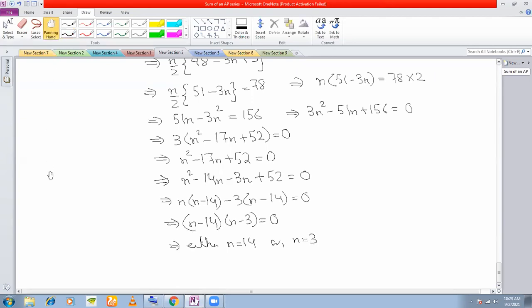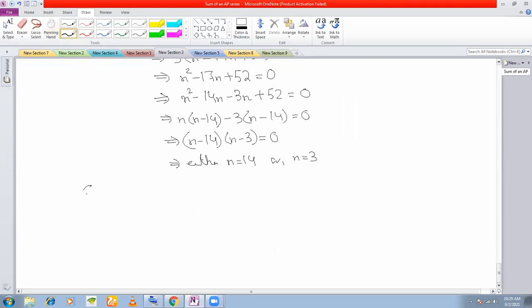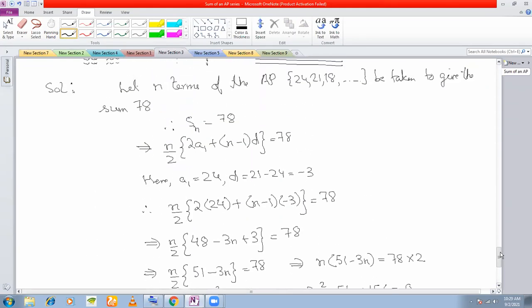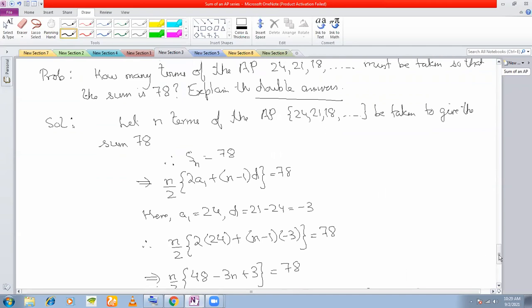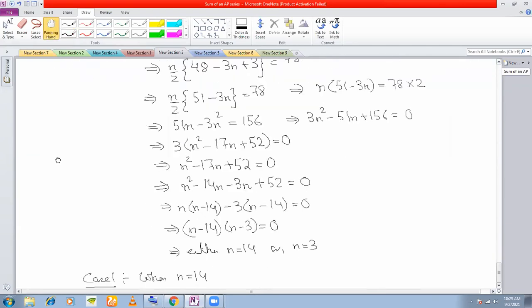Now the question is, you have to explain the double answers. So how do you explain? You take case wise. Case 1, when n is equal to 14. So when n is equal to 14, what is the AP here? 24, 21, 18. Write the AP.